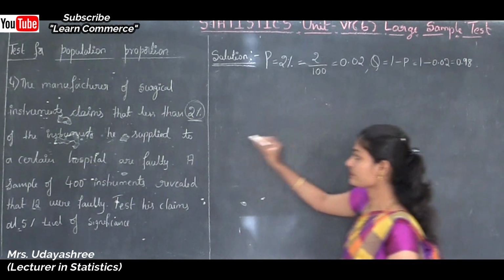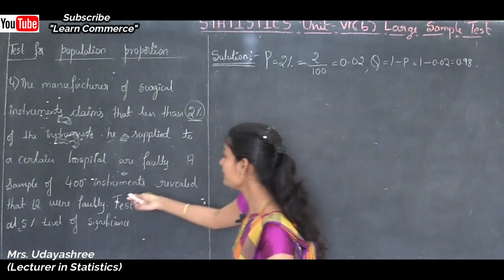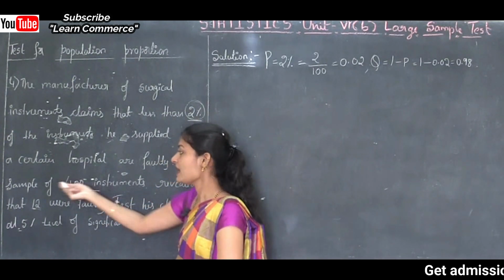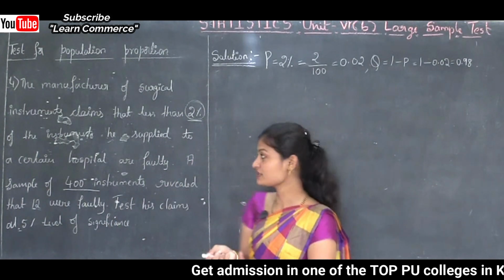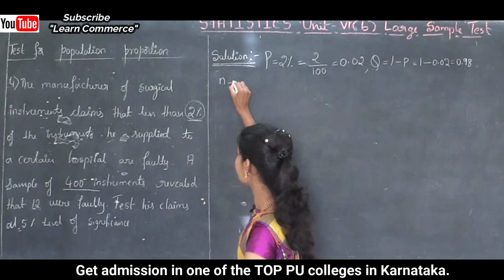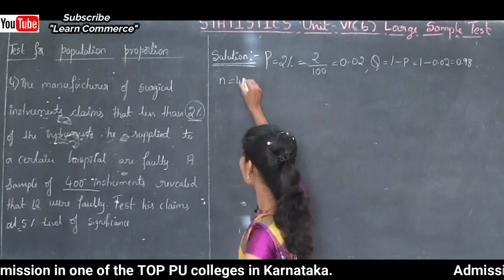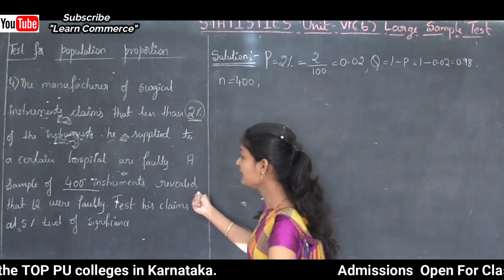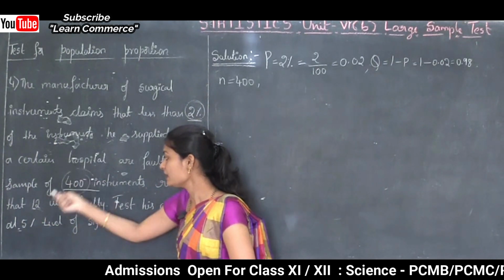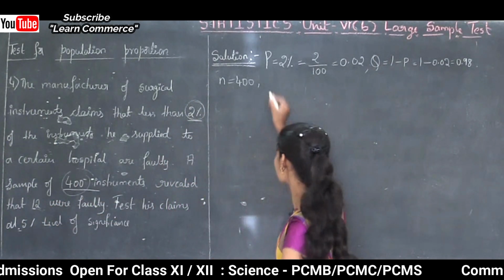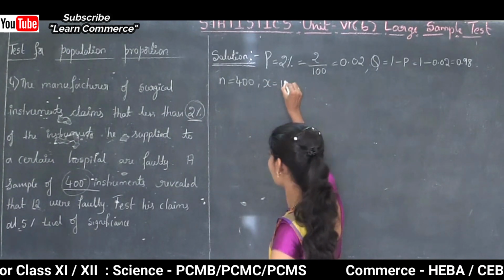Okay, next. Then a sample of 400 instruments, a sample of 400 in the sense that is sample size. So sample size is denoted by small letter n. So here given observation is 400. Next, revealed that 12 were faulty. So out of 400, 12 were faulty. So here X observation is 12.